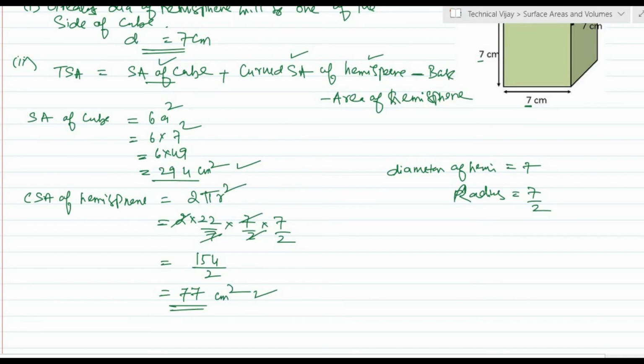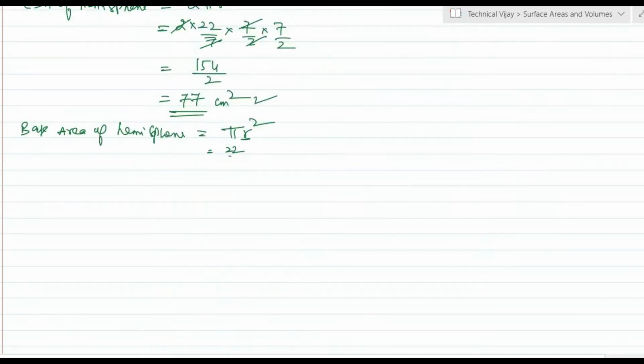In that we have to subtract the base area of the hemisphere. The base area of the hemisphere is equal to pi r square. We know the radius, so 22 divided by 7 into 7 by 2 into 7 by 2. Here 7 cancels.